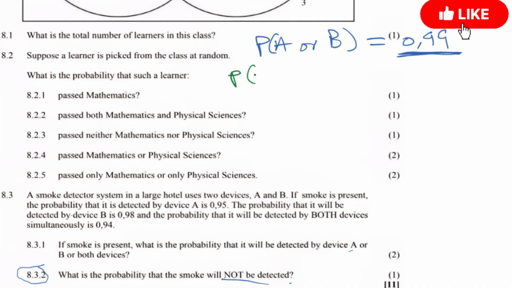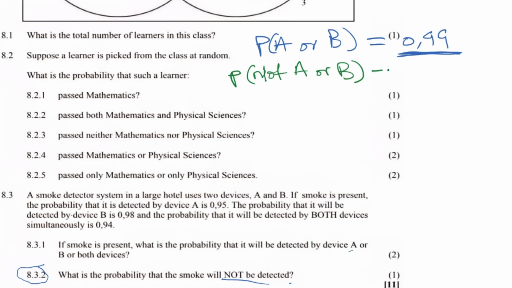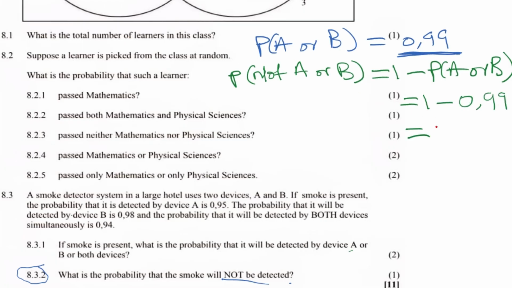The probability of not A or B is equal to 1 minus the probability of A or B. So that is 1 minus 0.99, and the answer that we get will be 0.01.